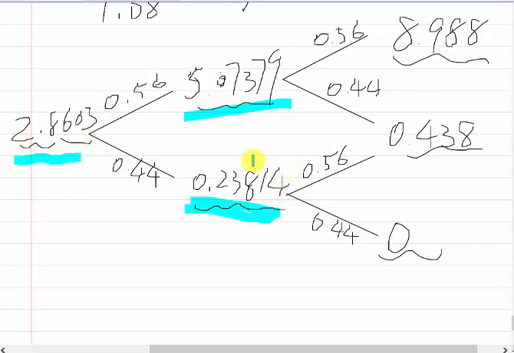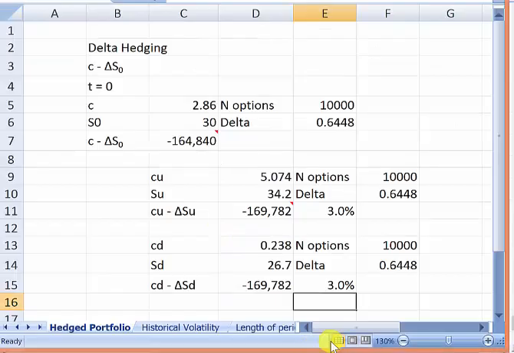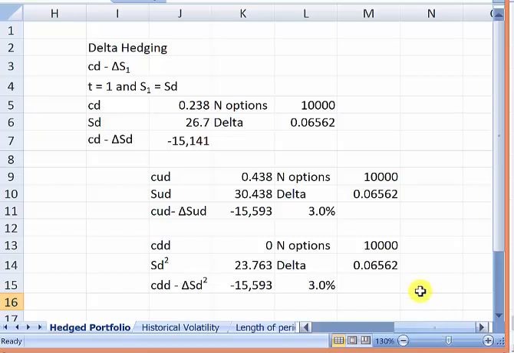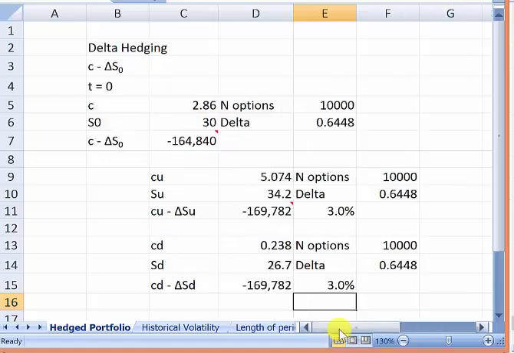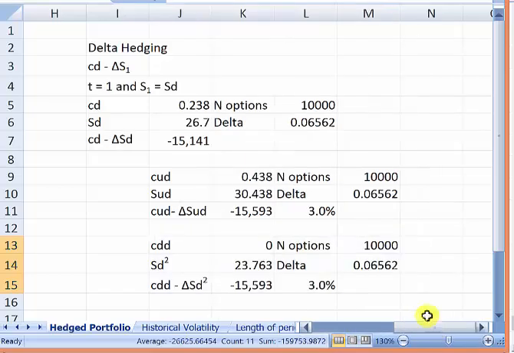And then we also want to know how the delta hedge performed in the down state after the first period. So let's look at that. Now in the down state, we have basically this set of numbers carried over. But now the delta is different.